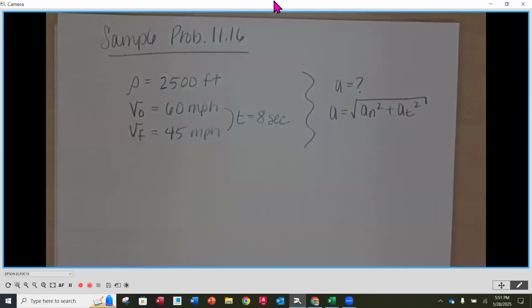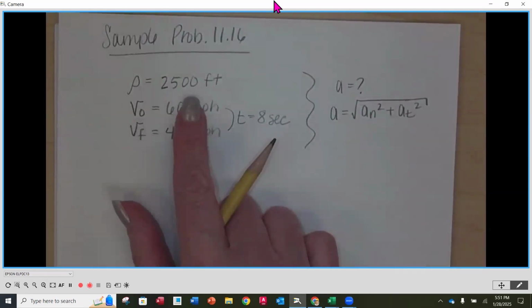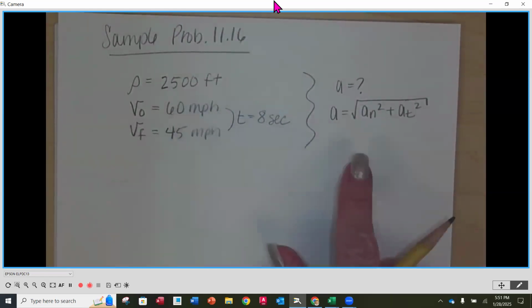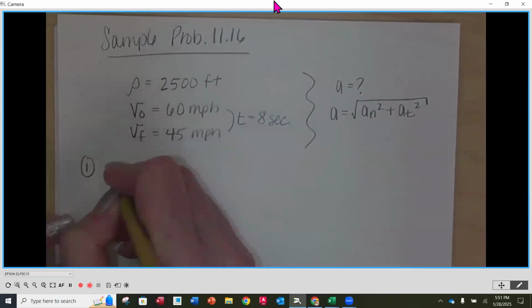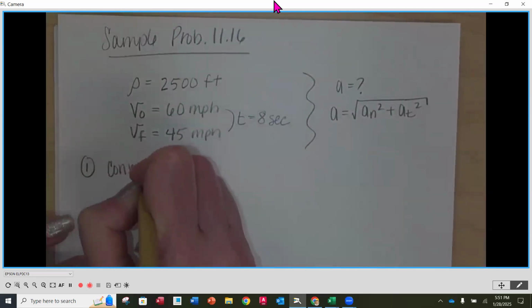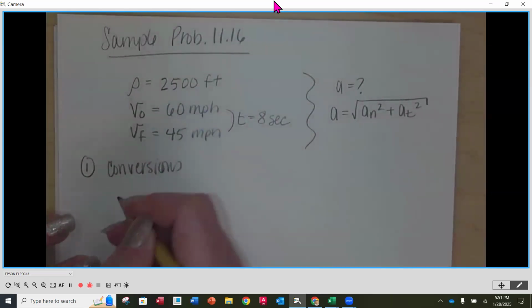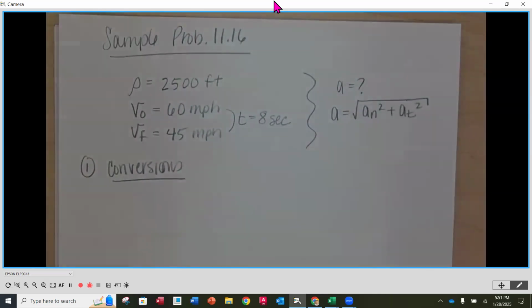So as I said earlier, since we're in miles per hour and we have our distance in feet, and we know we're going to have acceleration in feet per second squared, we are then going to, step number 1, do some conversion. I need a sharp pencil.